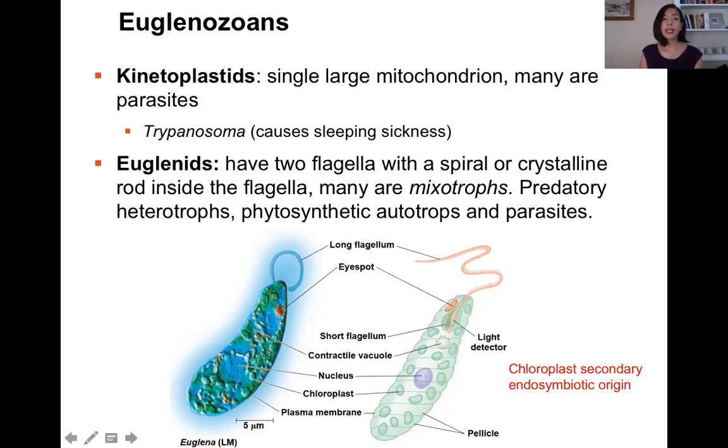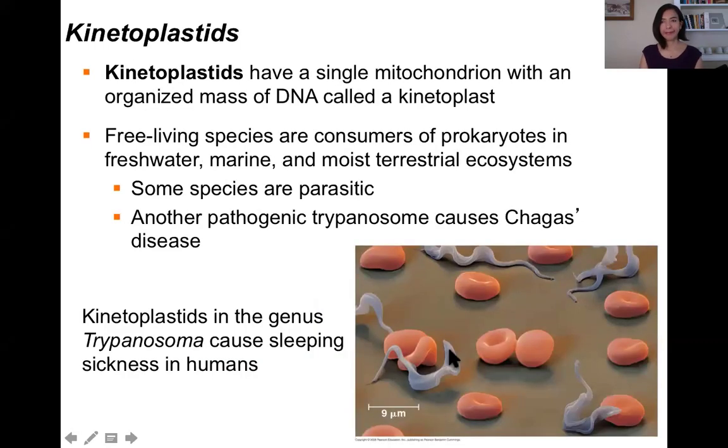In the kinetoplastids, they have a single large mitochondria, and a lot of them can be parasites. One example is Trypanosoma, which causes sleeping sickness. In this picture, we can see the kinetoplastids along some red blood cells in humans.